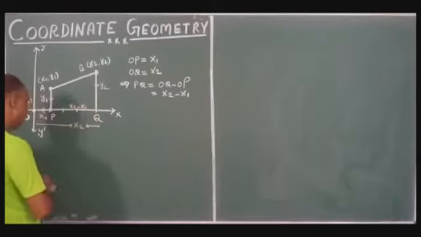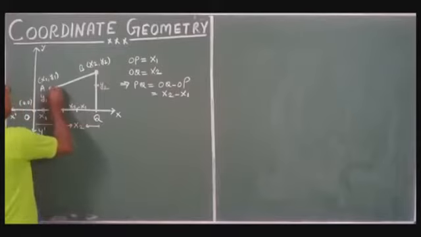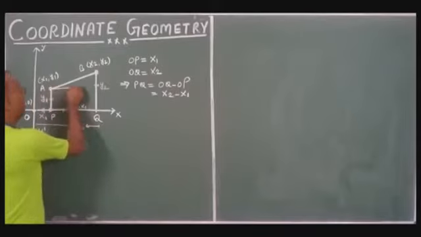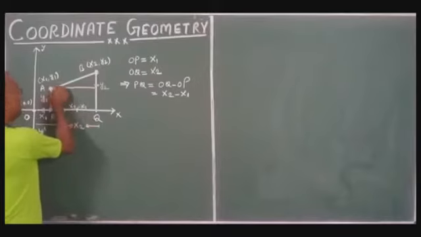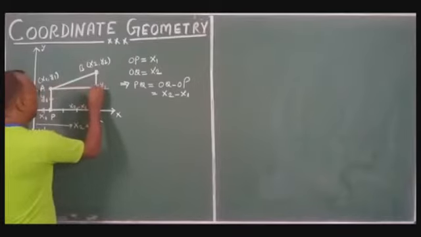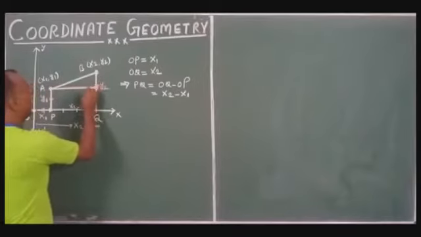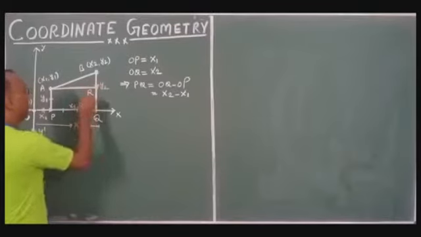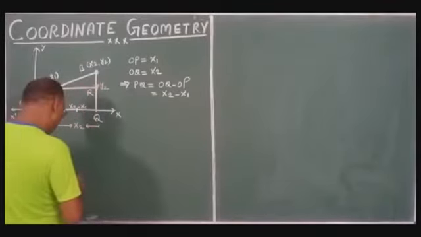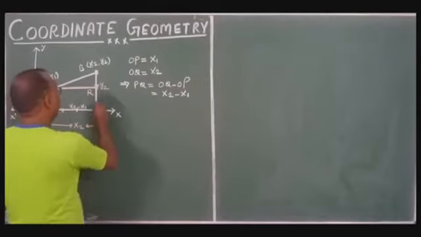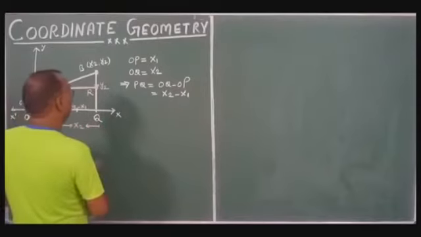Now just see, if I join this, let this point be R. Now tell me, what is the value of QR?